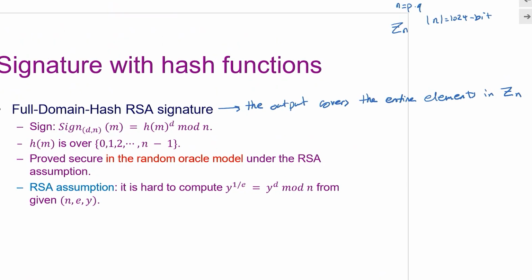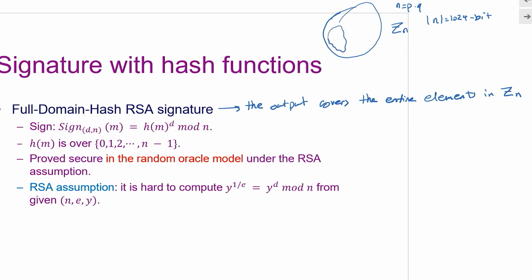The only advantage of RSA is that this group is huge, but when you restrict it to a very small portion, imagine this is the entire Zn, and your hash function has very few bits, then you cover only this area, right?